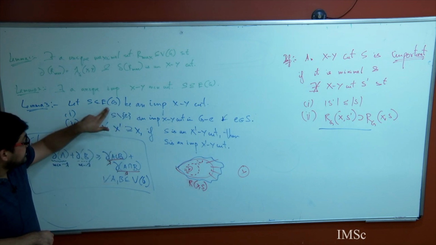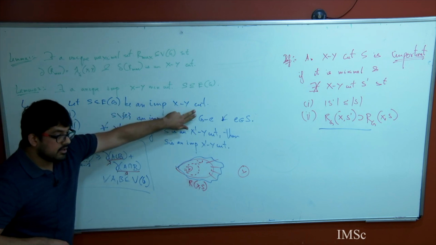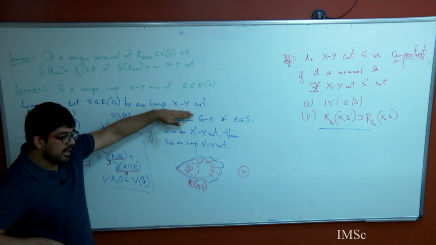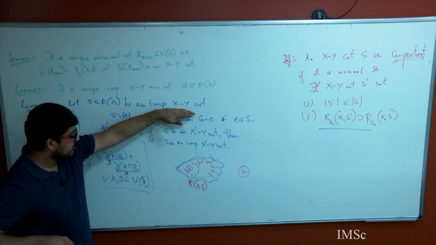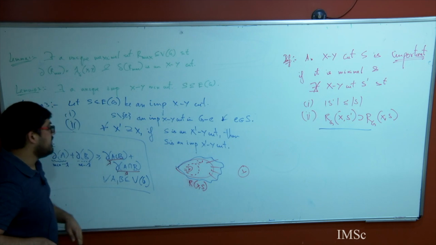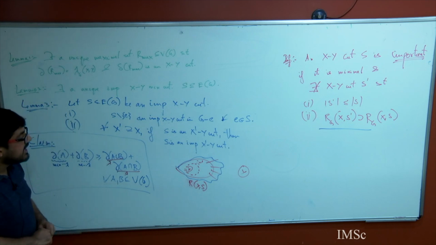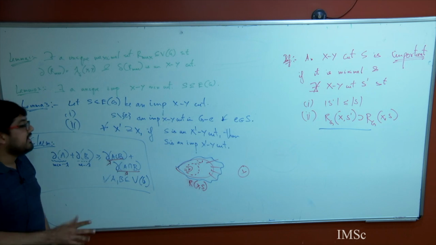But remember that it is an important X-Y cut, which means it has minimality built in there. For X. Sure. Okay, X prime is a superset, right? Ah, okay, you're right. So what you're saying is, if you simply say X prime is a superset, that's not good. Yes, you're right.